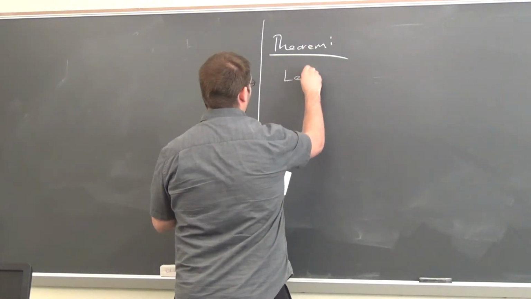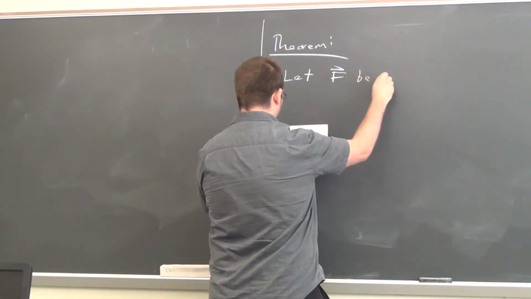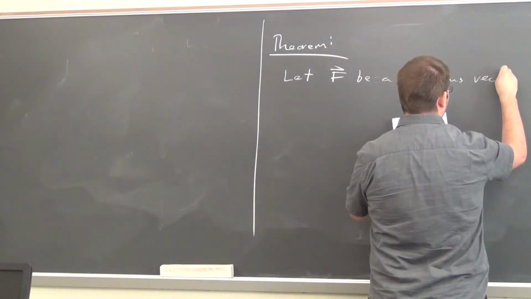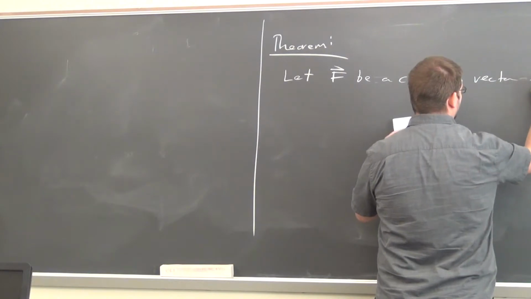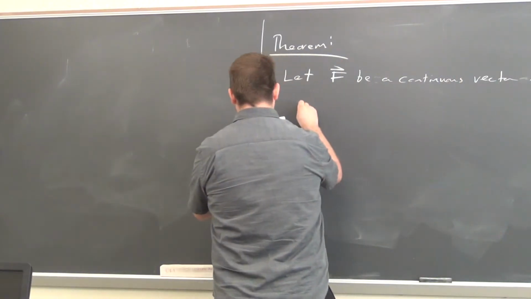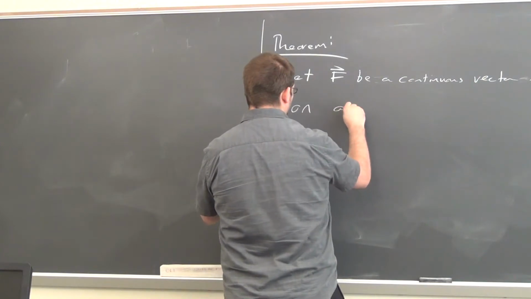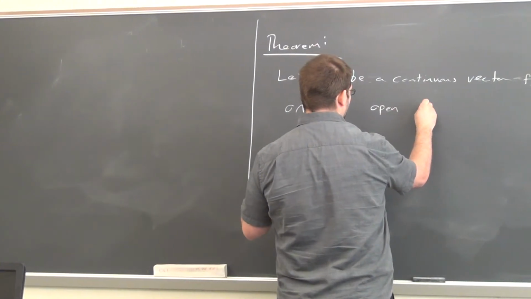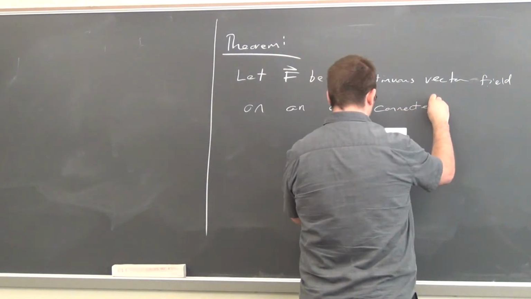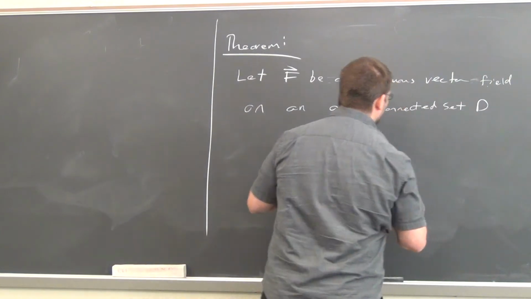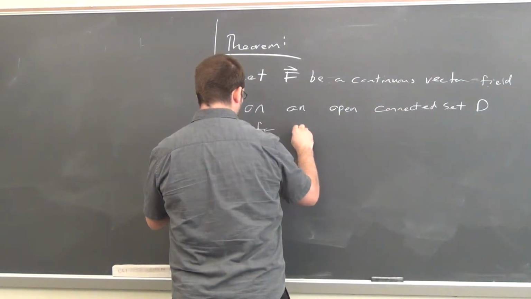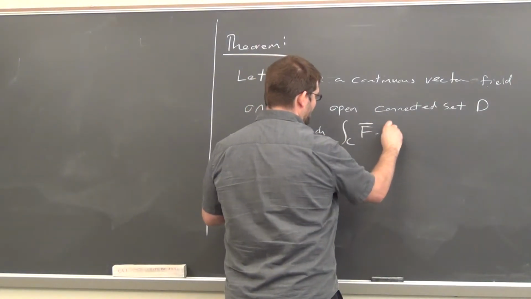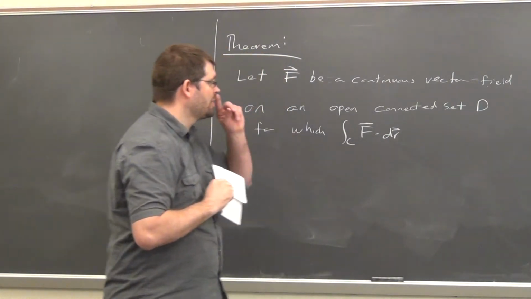So let F be a continuous vector field. So here's where I'm being a little bit vague. On an open, connected set D for which, so sometimes I kept saying the vector field was independent. I can't remember what your book's terminology is.